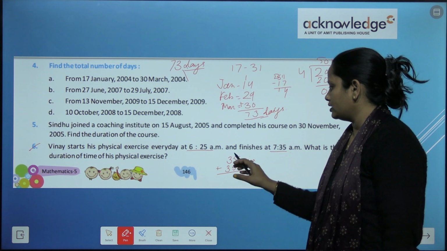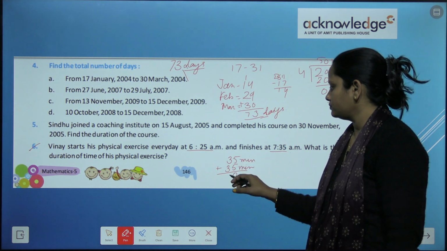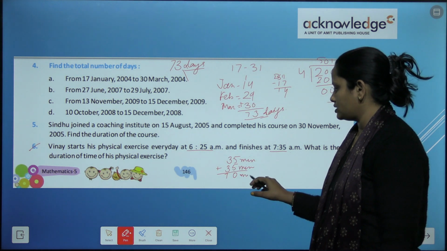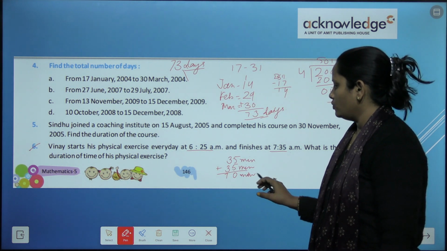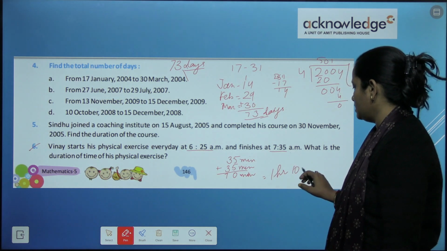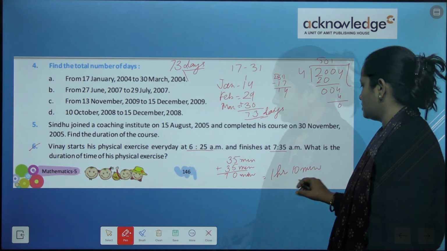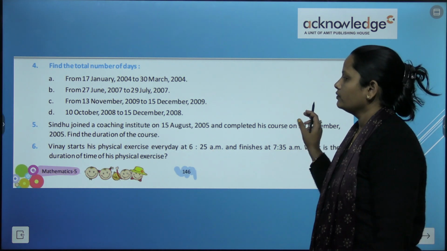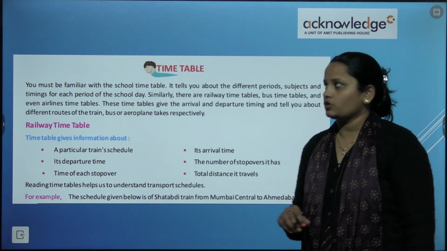Now when we add these two we get 70 minutes, which means 1 hour and 10 minutes. So children, this was the answer. I hope this is clear to you. Similarly, you have to do the rest of the questions.